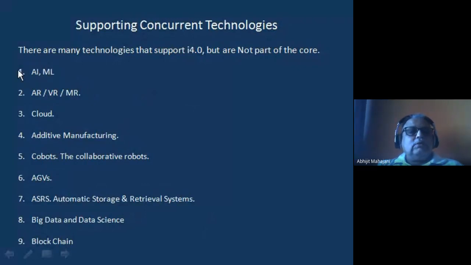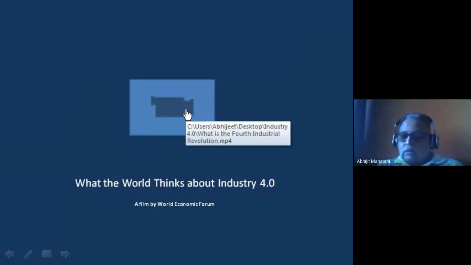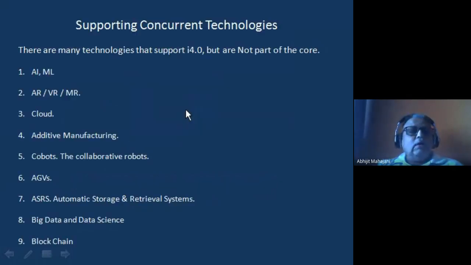This is soon going to become part of Industry 4.0 in analytics, because right now the level of analytics that goes on in edge node devices or anywhere is regression and those kind of things. But AI/ML is still not used very widely, but it's very much a candidate to enter very fast.